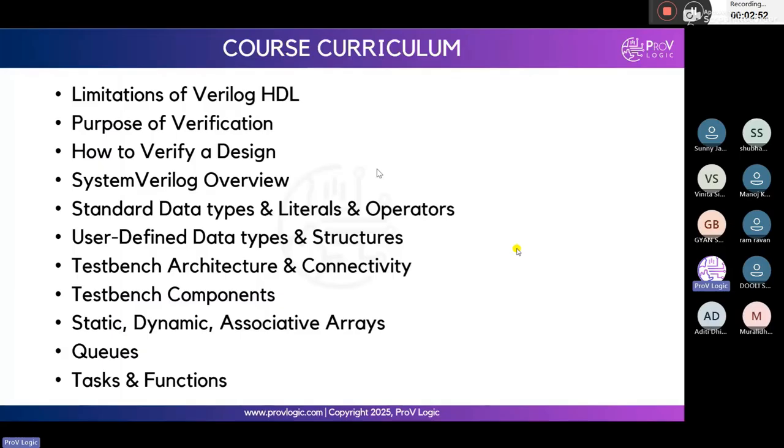In SystemVerilog, we have different types of arrays like static array, dynamic array, associative array, queues, task, function. So regularly two topics every day we can discuss.